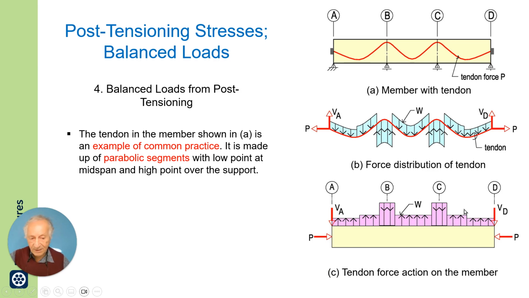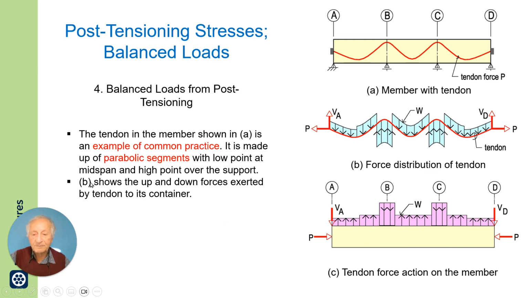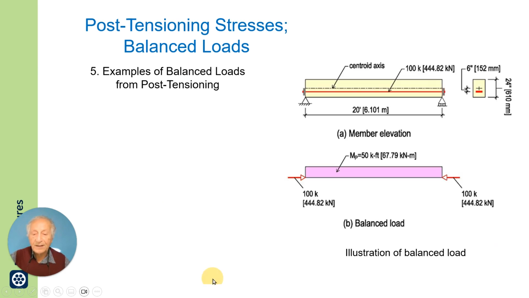We analyze the structure if we use a balanced loading design scheme or a straight method, like what is shown at the bottom. Two concentrated loads here and up and down forces on the member. B shows the forces from the tendon, and C are the tendon forces on the member.